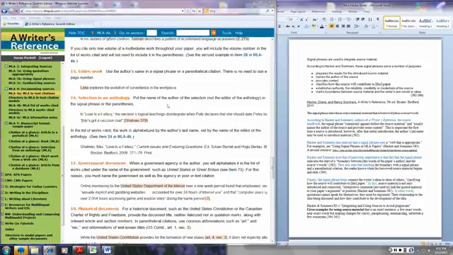And since this is something that we do, a selection in an anthology, whether you are getting a text from your course text, then you can credit the author of the selection that you are using, and then you provide the information in the bibliographical citation for the text that it comes from.